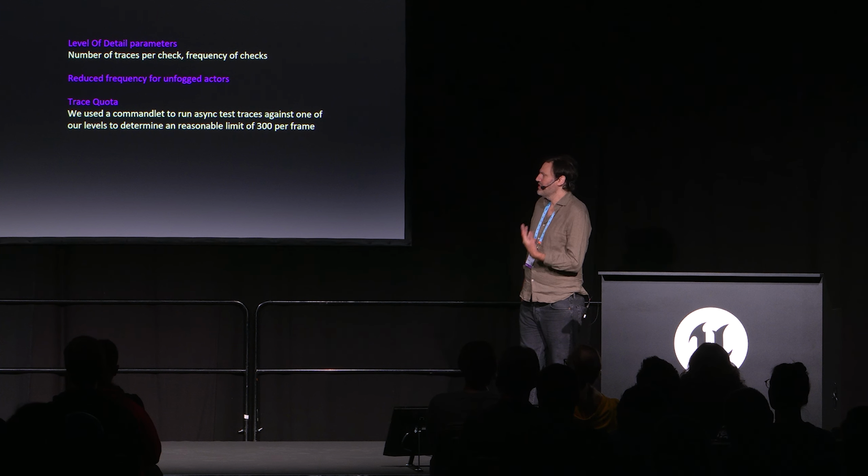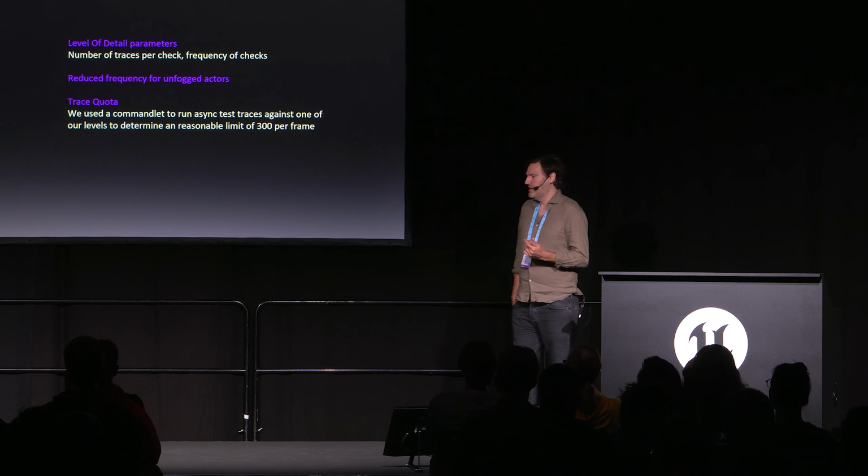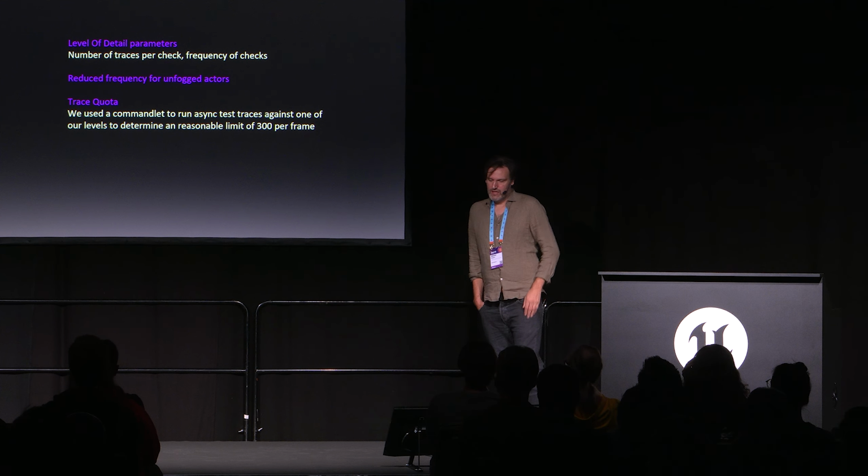We can also be more relaxed about checking actors that are already unfogged. It doesn't really hurt gameplay that much if an actor is visible for a few extra seconds when it goes into cover. And it's probably preferable to not fog and unfog repeatedly if an actor moves in and out of cover, to avoid the replication costs of re-replicating repeatedly.